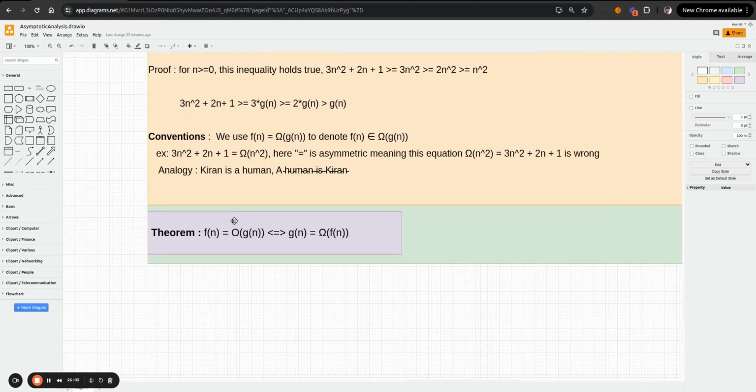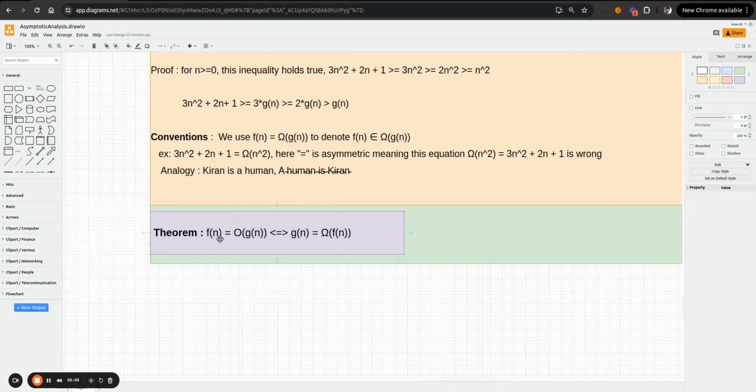And we'll see this theorem as well. The theorem is: if f of n equals big O of g of n, then g of n equals big omega of f of n. What does this tell us? It tells us that g of n is the upper bound of f of n, meaning f of n will be at most a constant multiple of g of n.